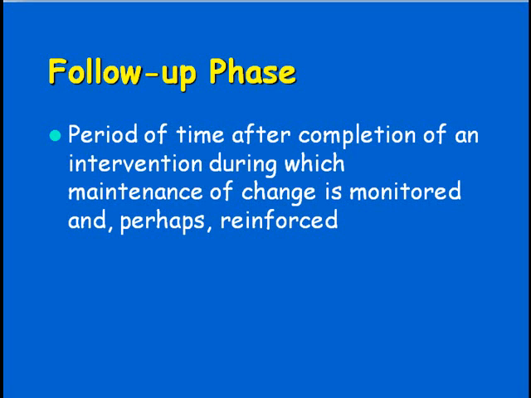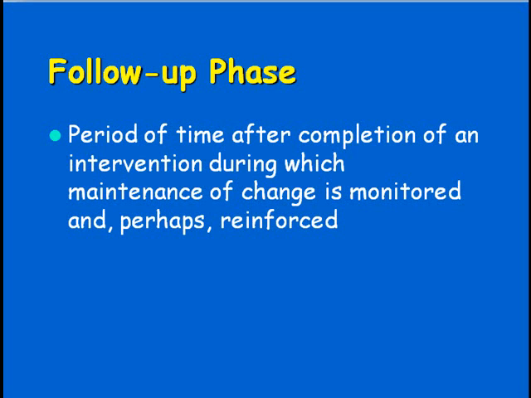Some agencies, some practitioners like to, after they have some type of formal closure with their client, call them up, a month out, 2 months out, maybe 2 or 3 follow-up times, and give them the same measures that you did during baseline or intervention, or selected measures, to determine whether or not the change is holding.